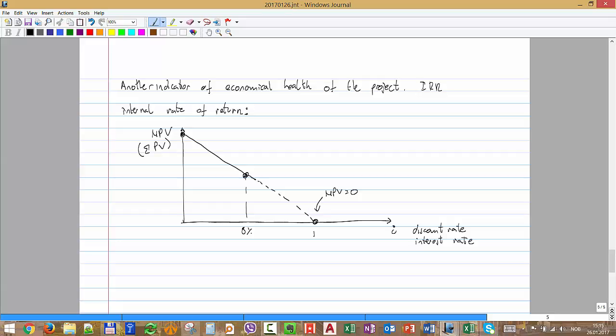And that's what we call this IRR, is what we call the internal rate of return of the project. So it's the interest rate that makes the project NPV exactly equal to 0. And you can use it to compare how far away you are from the interest rate, okay, from the current interest rate.